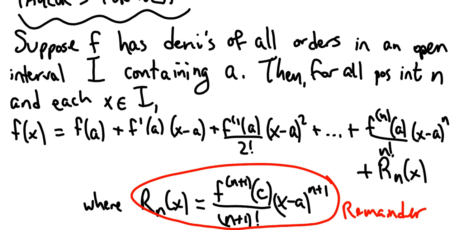It is sometimes referred to as the Lagrange error bound, mostly because Lagrange studied it. If this remainder goes to 0 as n goes to infinity, then the more terms we add, the smaller the remainder, and we can say that the Taylor series converges to f of x for all x.